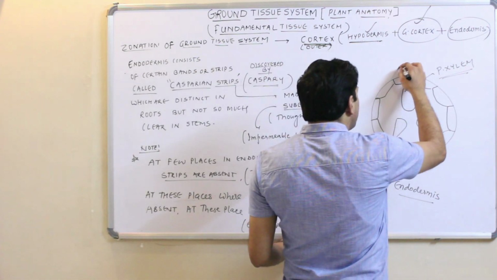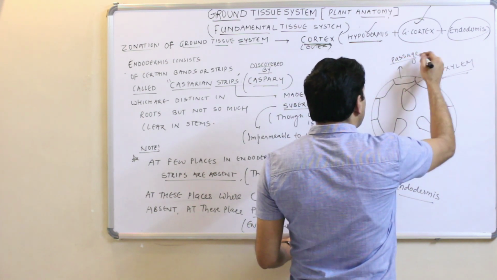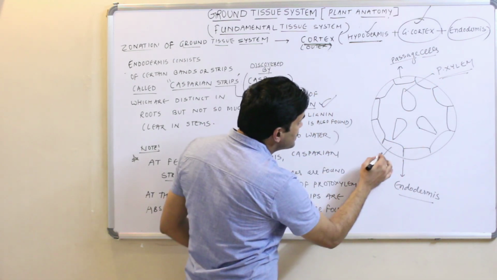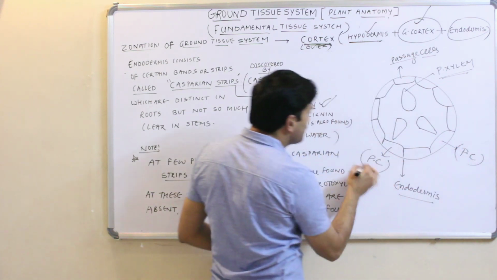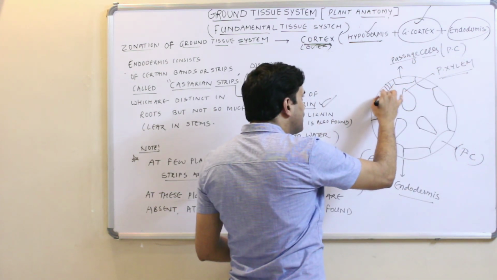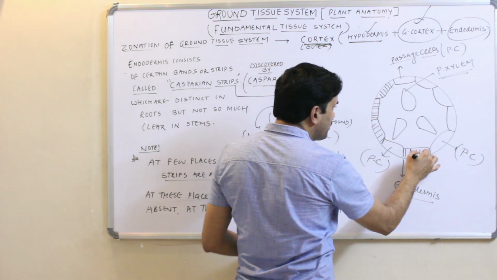So those cells of the endodermis which are in front of the protoxylem, at these places passage cells are found. PC means passage cells. But at all other places of the endodermis, what is found, beta?